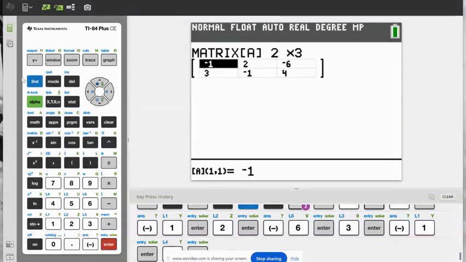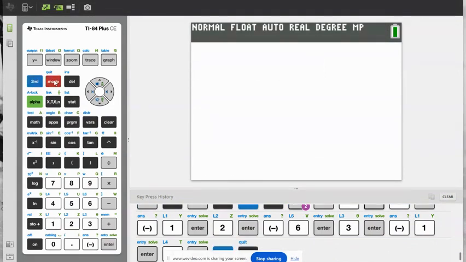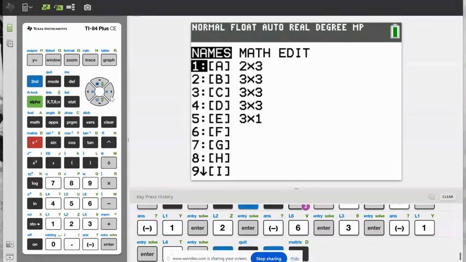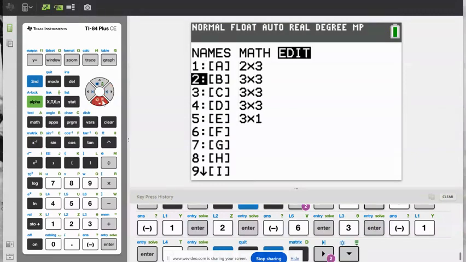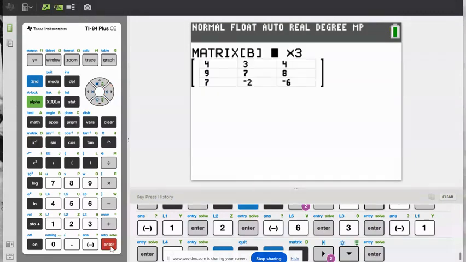And once you enter in your elements, to save it, use second and quit. Now I'm going to go back and enter in my second matrix. Go down to matrix B. This was a 3 by 2.